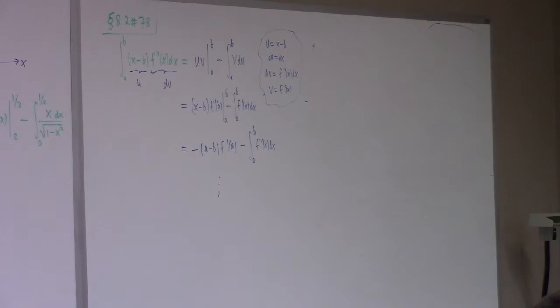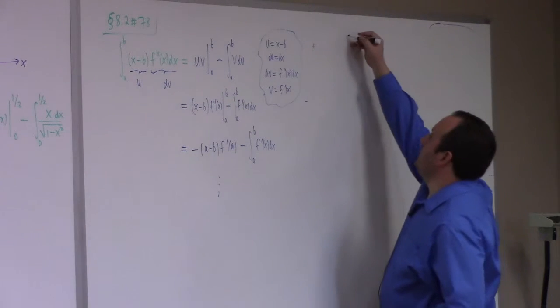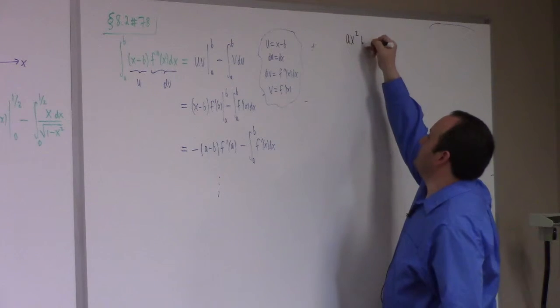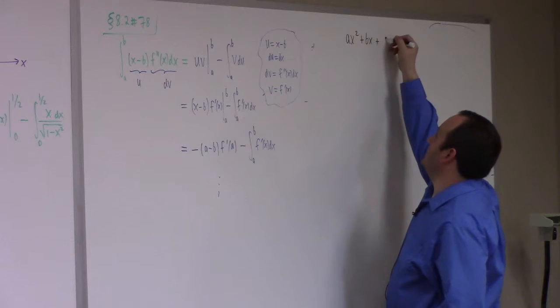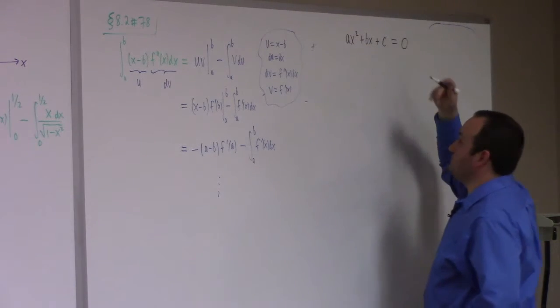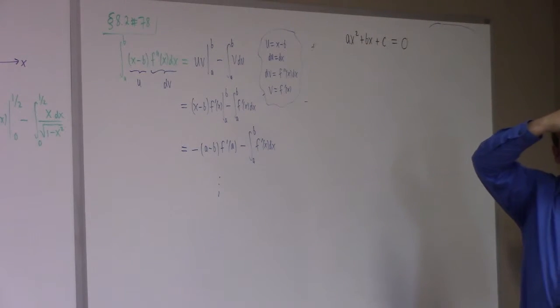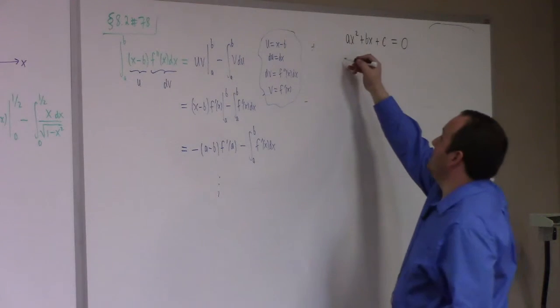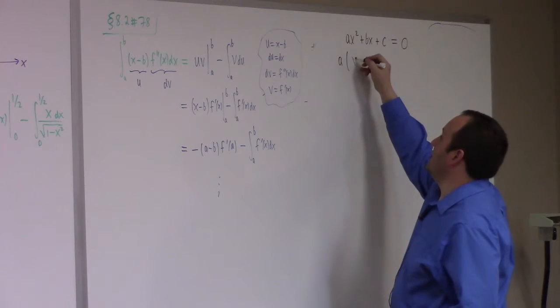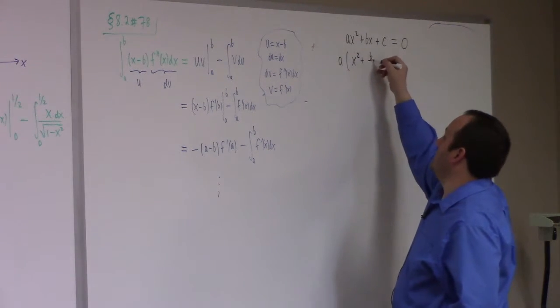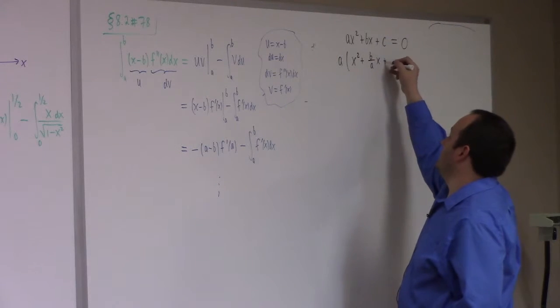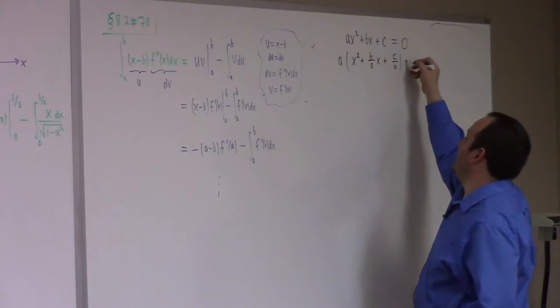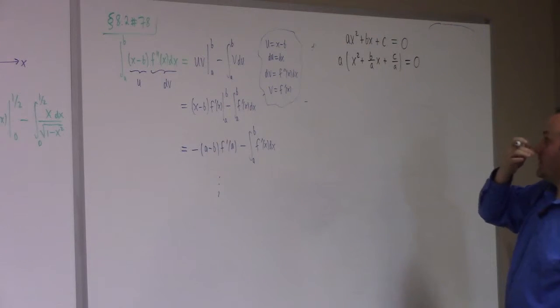Somewhat off the beaten track from our current conversation, but it's a conversation we should have at some point. It's a conversation you should have had before in college algebra or something. If we have ax squared plus bx plus c equals 0, how can you solve that? In general, here's what you do. I have a times x squared plus b over a times x plus c over a equals 0, right?